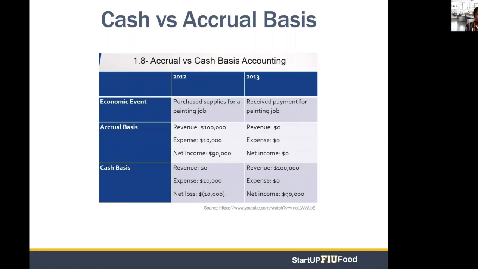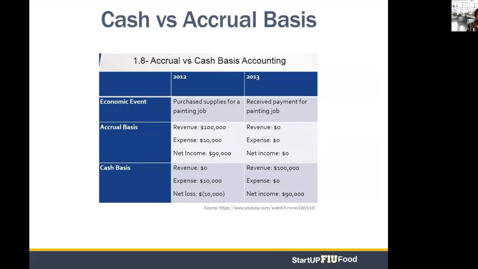But under cash basis in 2012, you don't recognize any revenue because you haven't gotten any revenue. But you would recognize the $10,000 that you spent on supplies for that particular job in 2012. So that's why you're seeing a net loss of $10,000, right? So let's say that was the only thing you had.